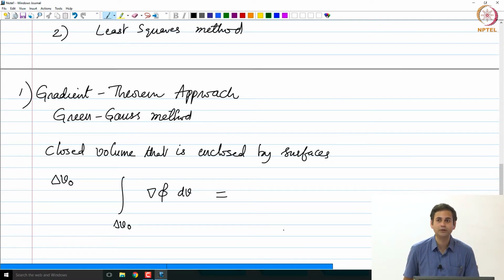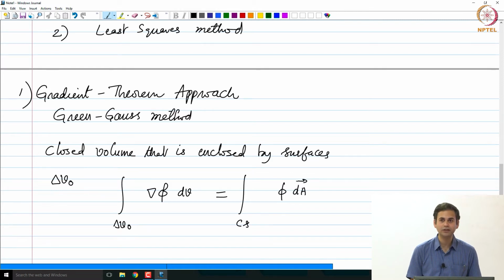This can also be converted into a surface integral, an integral over the control surface. What would be the quantity here? Phi dA bar. Is that correct?